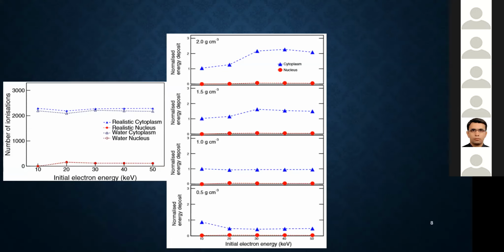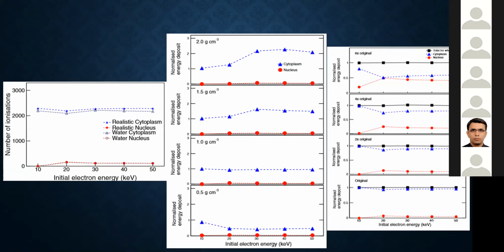So we have this behavior that when we increase the density, we see that the normalized energy deposit over the cytoplasm is also increasing, even from 20 to 50 initial electron energy, that goes increasing. So we see that the density makes an effect also on the simulation.